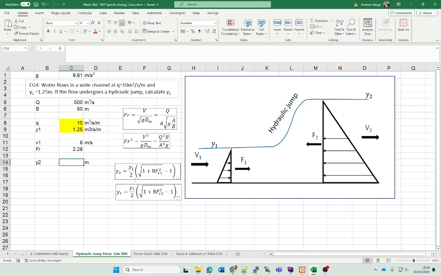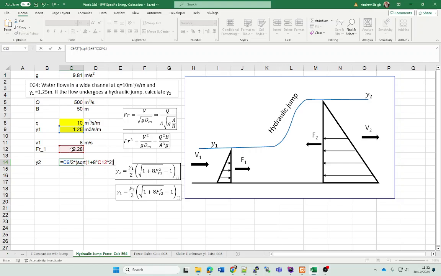Y2 is just an application of this equation here. Very simple. Should probably subscript that one as FR1. So Y2 is equal to Y1 over 2, times by this big bracket, square root of 1 plus 8 times FR squared.